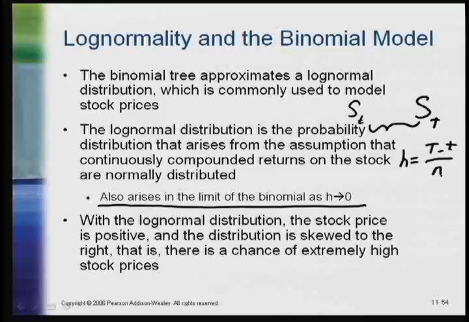I break the time period up into n steps, and then I build a binomial lattice in those n steps using the earlier formulas. What we're saying is that if I used normal returns instead of the binomial returns, S_T would automatically have a log normal distribution. If I use binomial returns, S_T will have a binomial distribution.